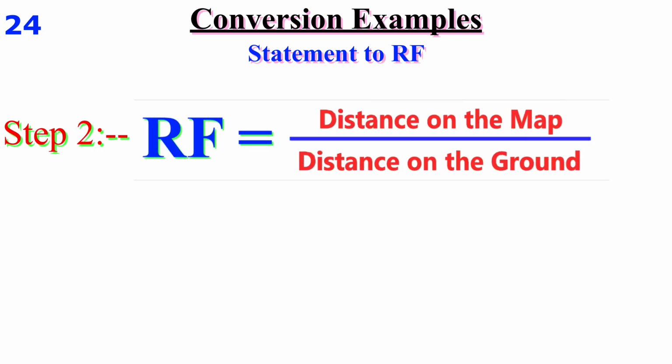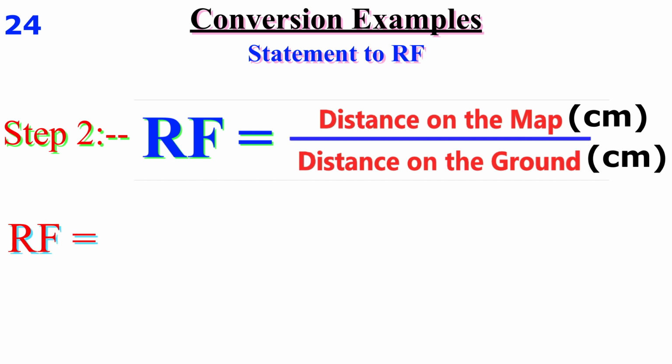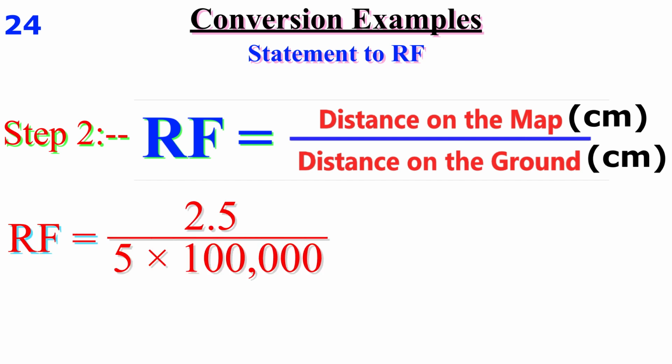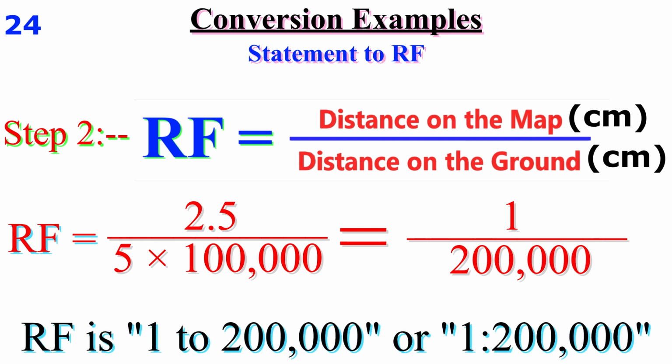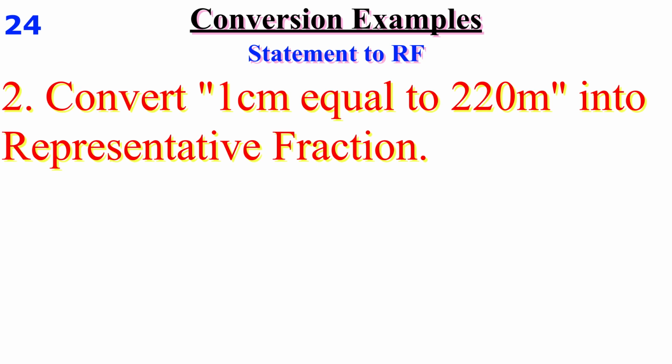RF equal to map distance in cm by ground distance in cm. RF equal to 2.5 by 5 into 100,000 equal to 1 by 200,000. Answer is RF is 1 to 200,000.